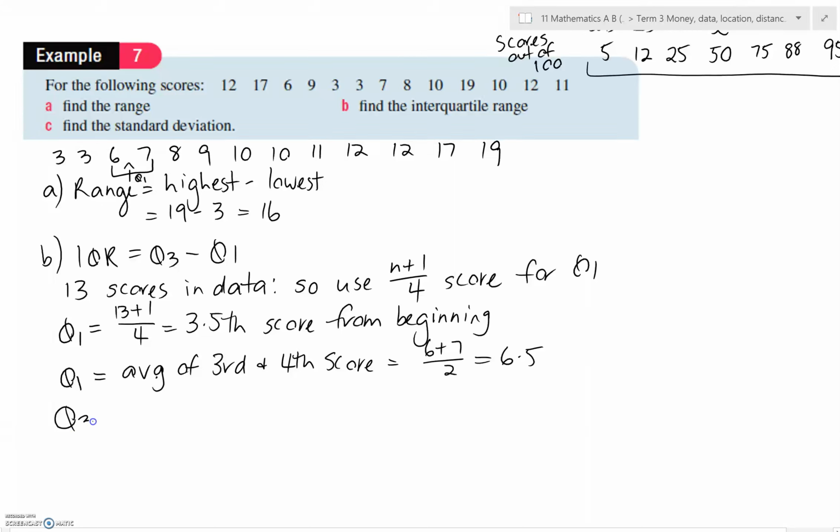6.5. Now Q3 is the same, but it's in from the end. So 1, 2, 3, third and fourth score in from the end is where we're going to find Q3. So Q3 is the average of the 10th and 11th scores.